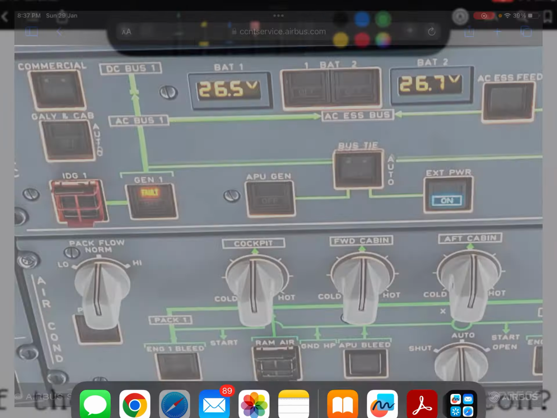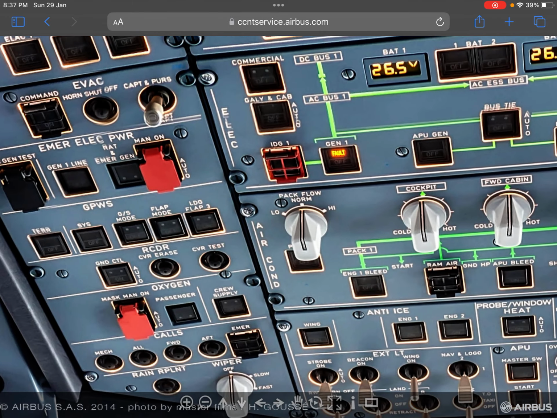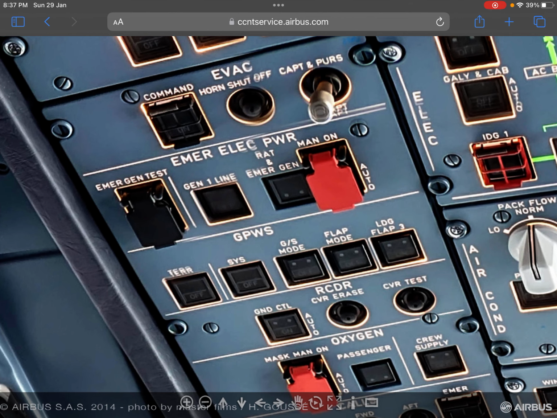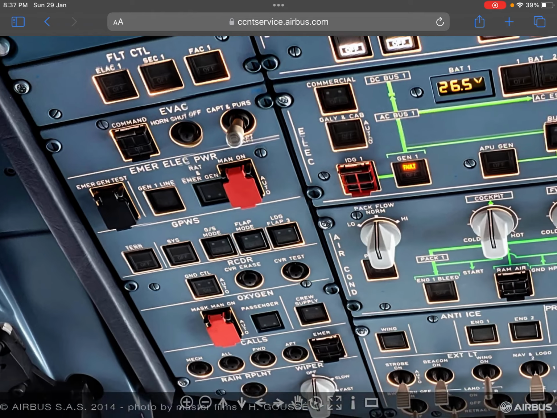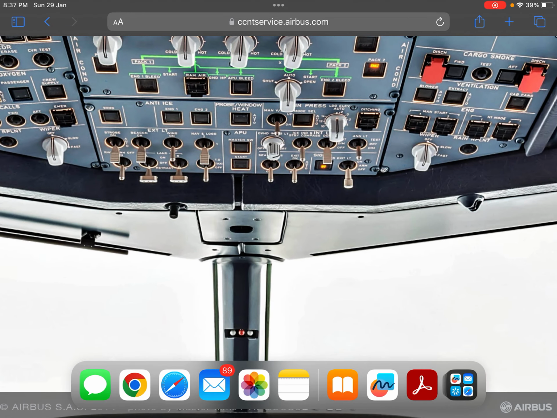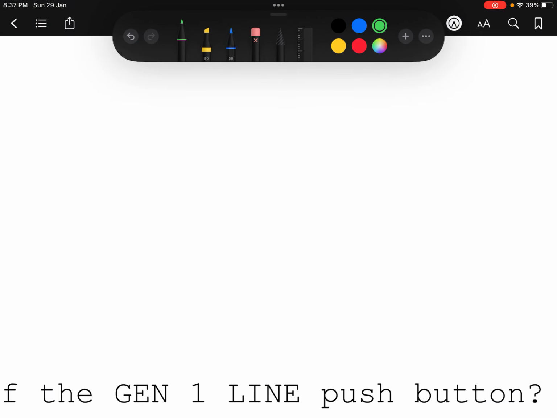First of all I'll show you where it is. Here on the EMER ELEC power panel, the first and second switches are Gen 1 line, right? What does it do? Let's say we have smoke in the avionics, and we need to disconnect the power. We need everything removed, and we do not want any electricity in the avionics bay.